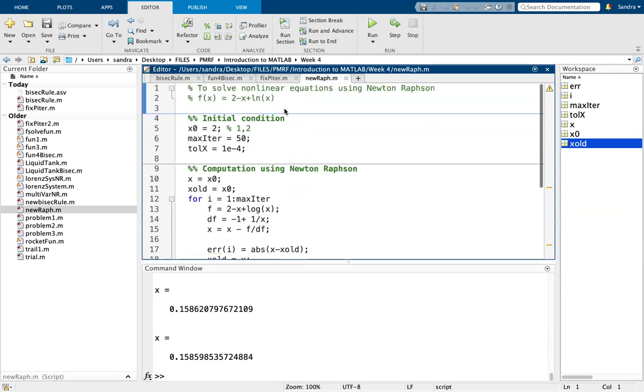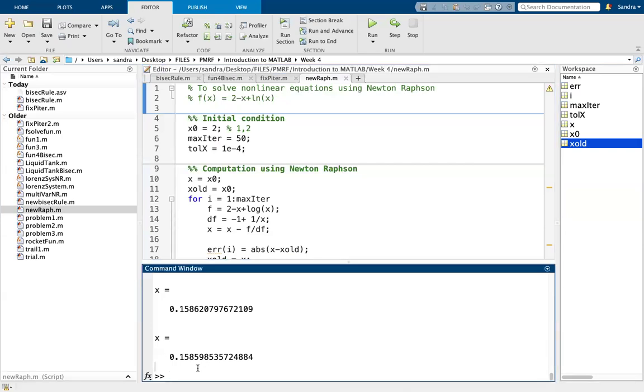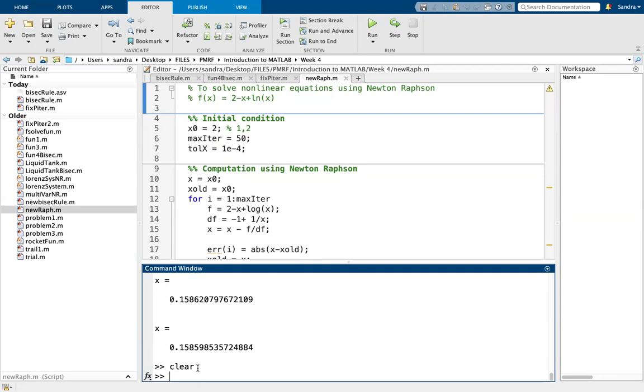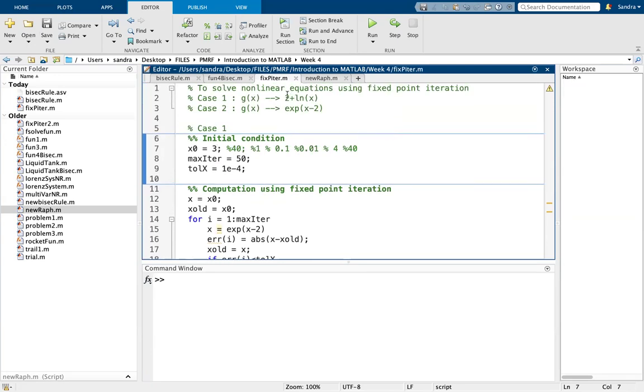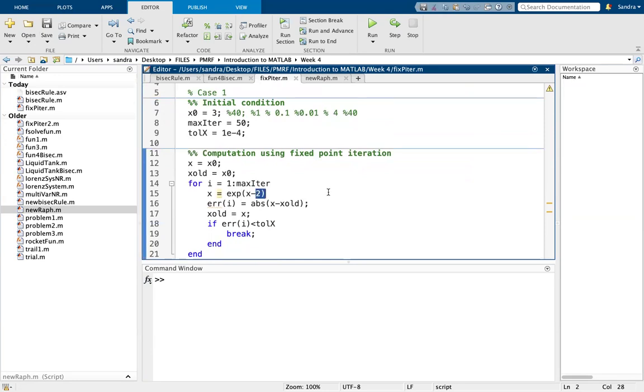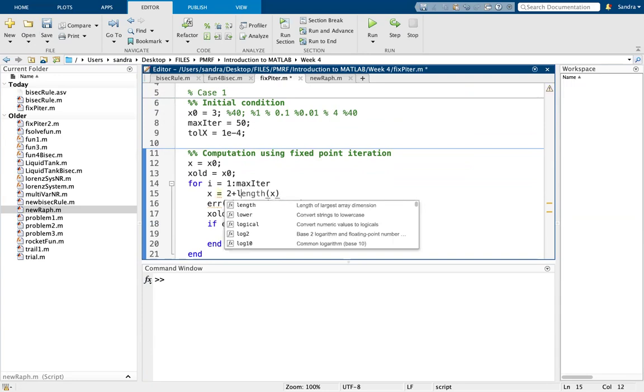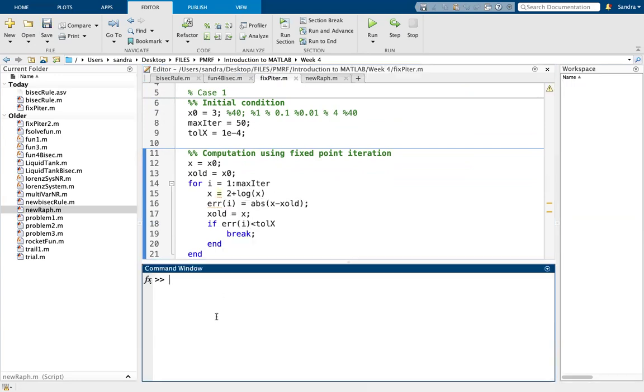Now for the fixed point iteration formula, the equation was 2 plus log x, so let me change this. Instead of ln, natural logarithm in Matlab is written as log.